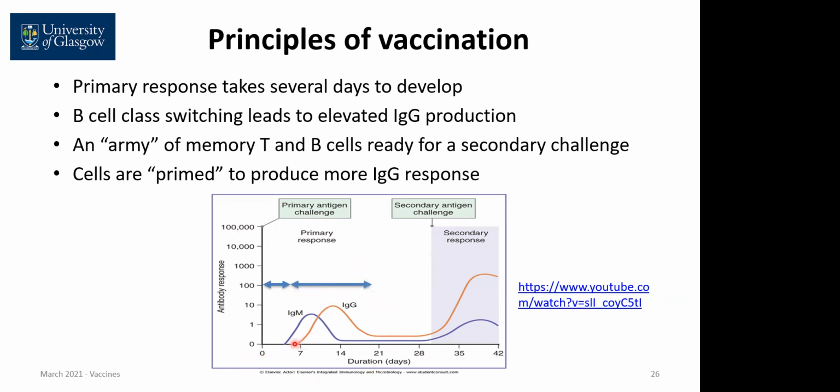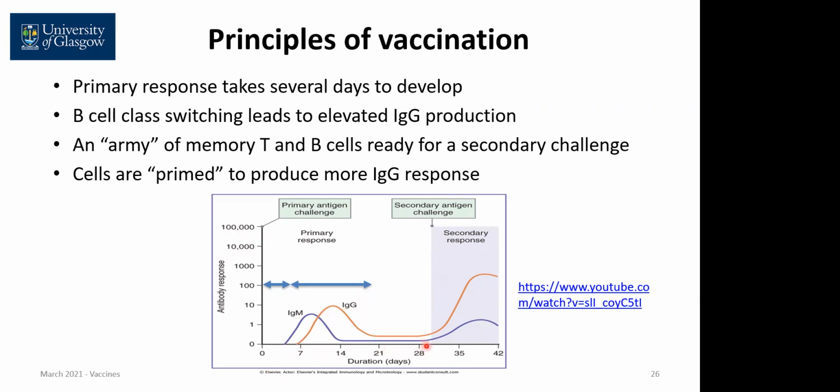During this process, the B cells will produce IgM. As I've said, IgM is the first antibody that is produced by B cells. But because IgM has quite a low or weak affinity for a given antigen, the B cells need to class switch to IgG. And this is really important because IgG has a stronger affinity and therefore can drive a more effective immune response against the given antigen.